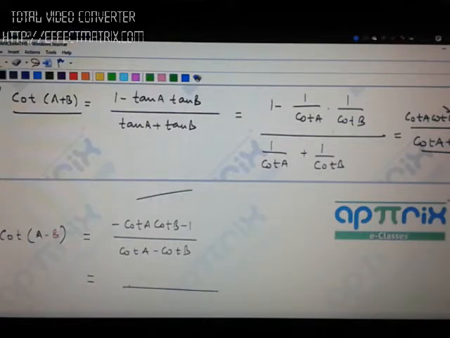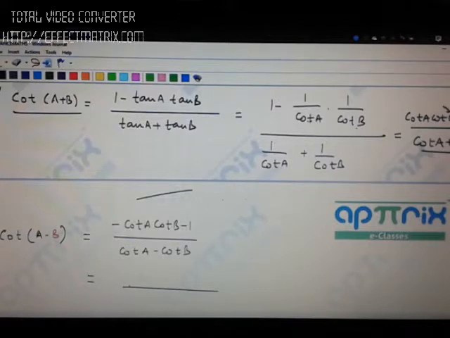Actually, we are making a mistake, and that mistake has happened here perhaps. Look, when you put cot B here with a minus sign, it will become minus cot B, and this minus and minus will become plus. Correct or not? If you go to this original equation, if you take cot A cot B out, it will be cot A cot B minus 1 divided by 1 by cot A plus 1 by cot B. If you put cot B with a minus sign, this value is going to be ultimately plus.